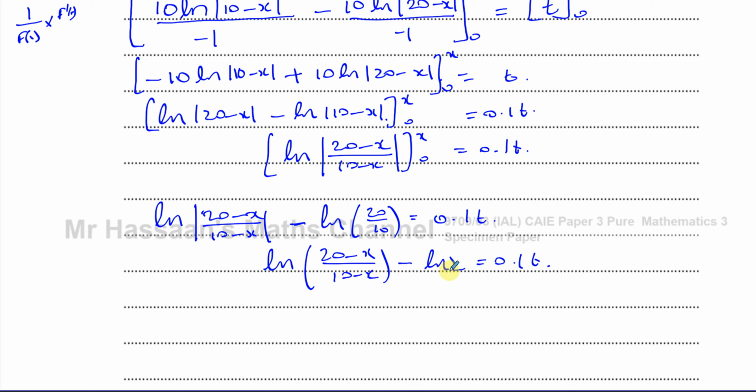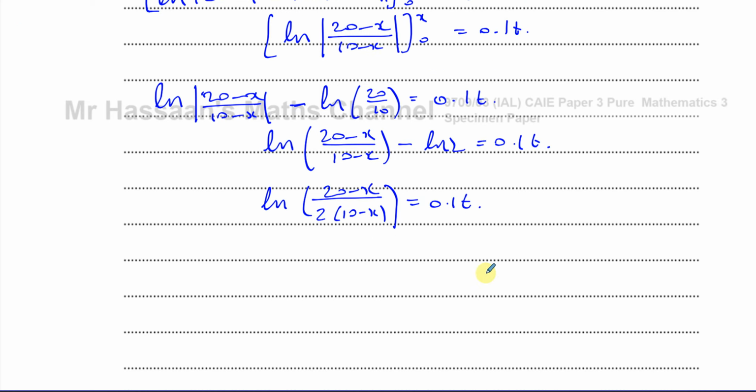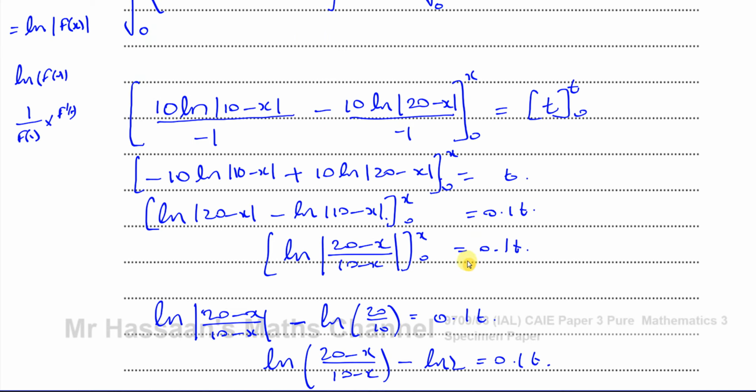Now I can use the division law. So this will be 20 minus x over 10 minus x divided by 2. So I end up with the ln of 20 minus x over 2 times 10 minus x in the denominator equals 0.1 t.